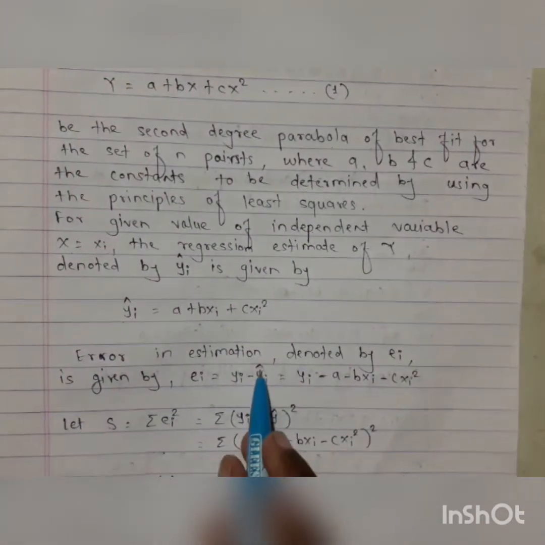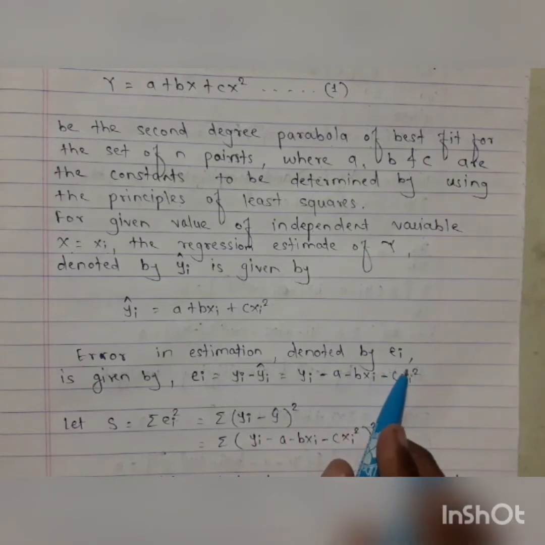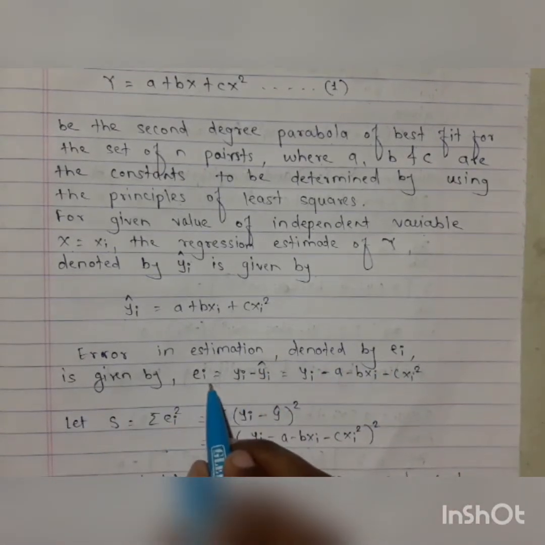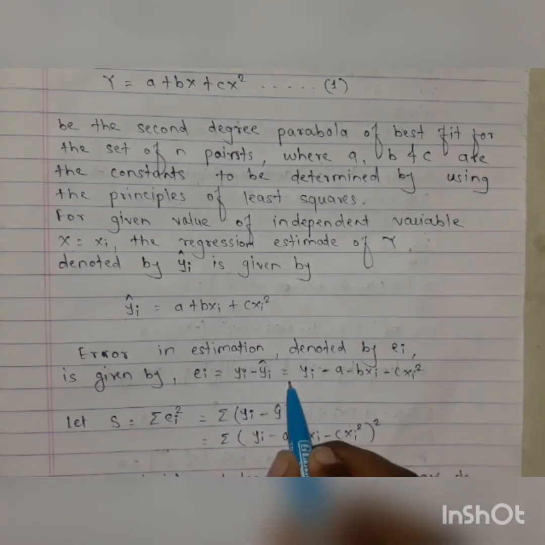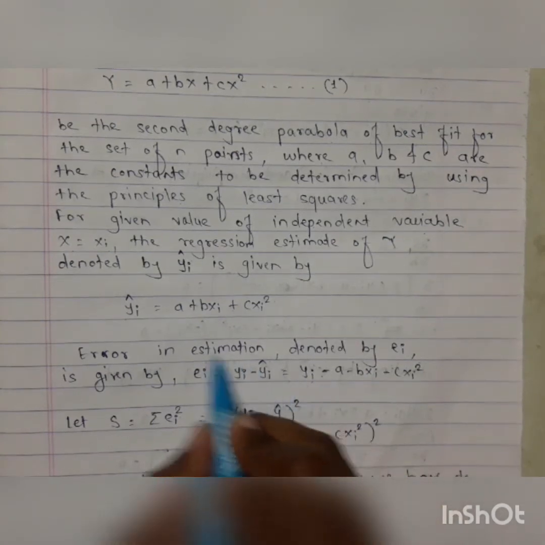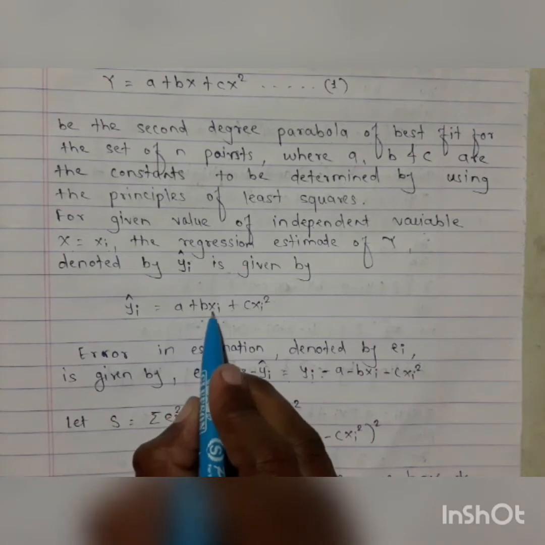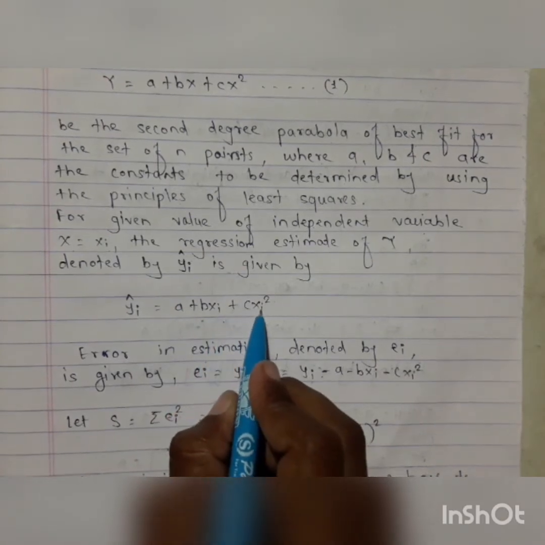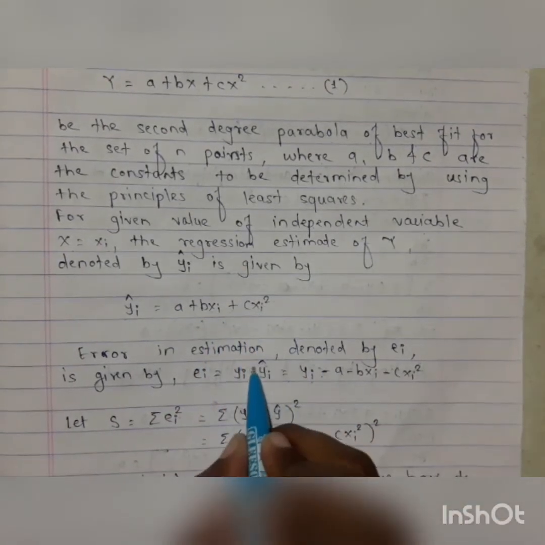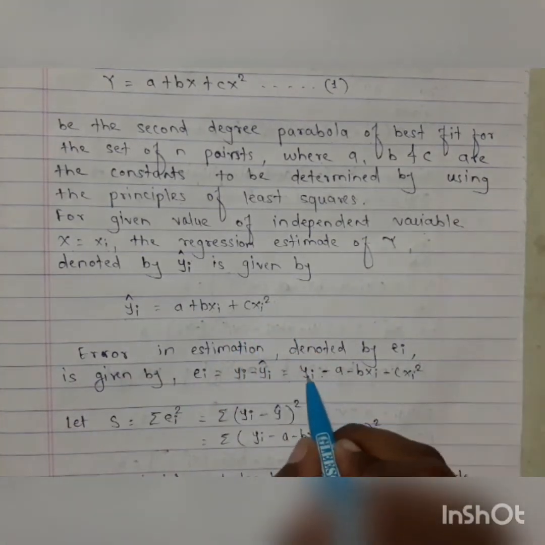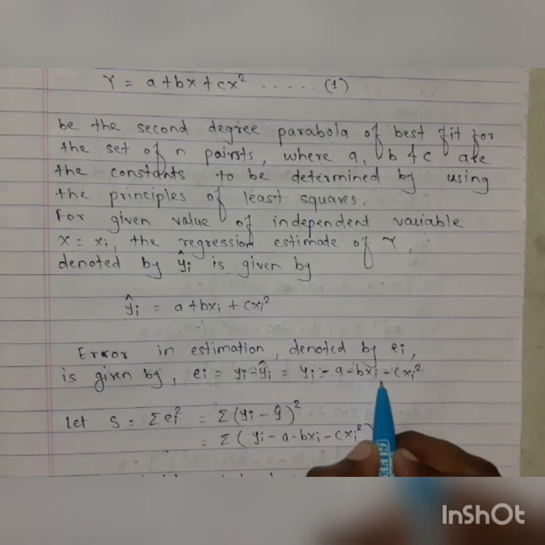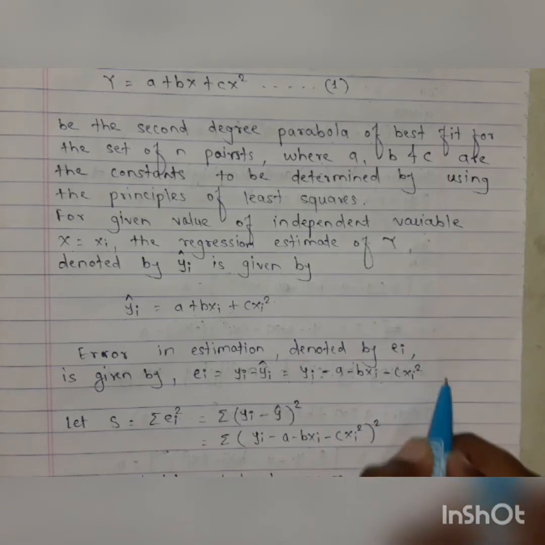Error in estimation, denoted by small ei, is given by ei is equal to yi minus yi cap, which is also equal to yi minus (a plus bxi plus cxi square). So multiply this minus sign in the bracket: yi minus a minus bxi minus cxi square.